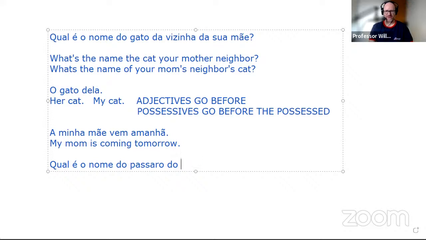O pássaro do... Alguém me ajuda, eu já exaustei toda a minha criatividade. O nome do pássaro do... Marinheiro, põe aí qualquer coisa. Ok, all right, good. Do marinheiro brasileiro. I don't know.